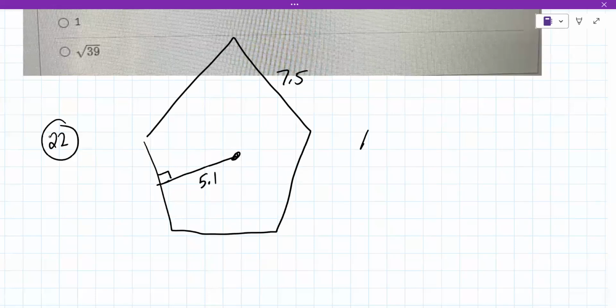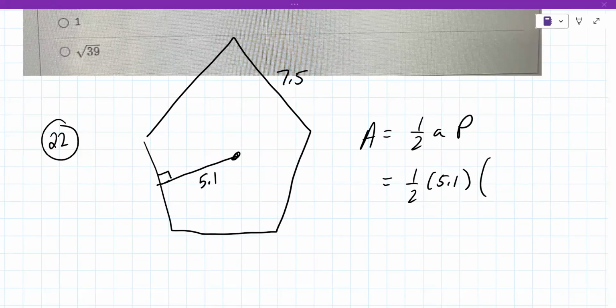Yes. And so the area is 1/2 the apothem times the perimeter. You have the apothem, it's 5.1. What is the perimeter though? It is 7.5 times 5. Good. Go to your calculator and give that a try. I'll do the same. We'll compare results here.